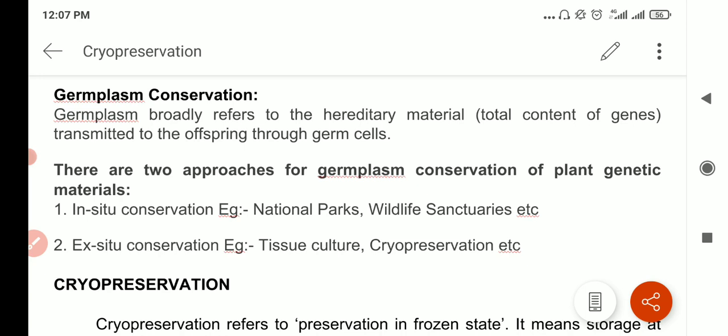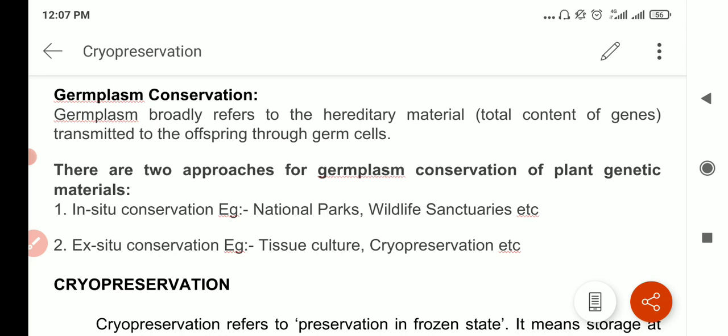So what do you understand by germplasm? Germplasm is the total content of the genes. So I take one of my cells, that is enough for a human germplasm.